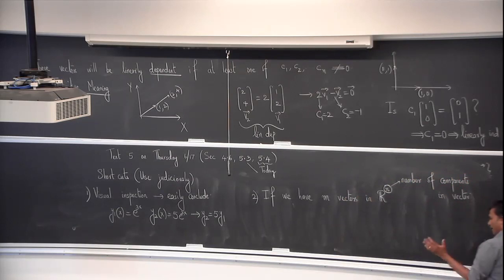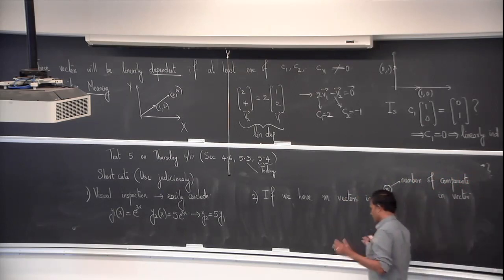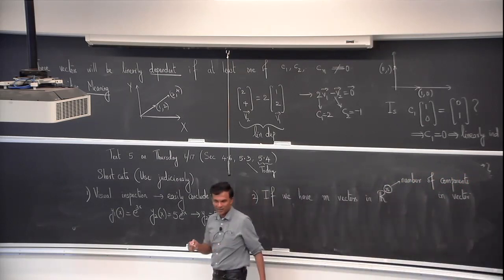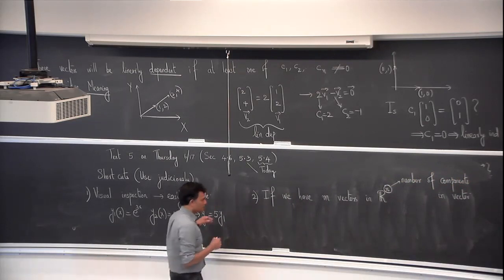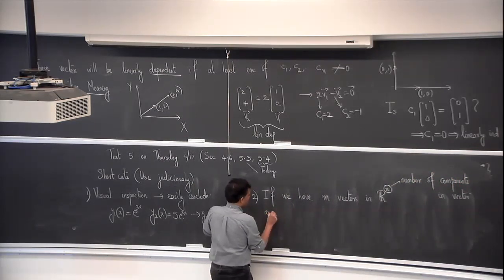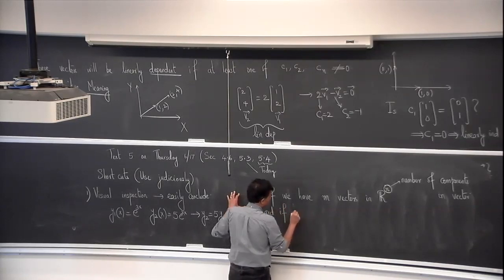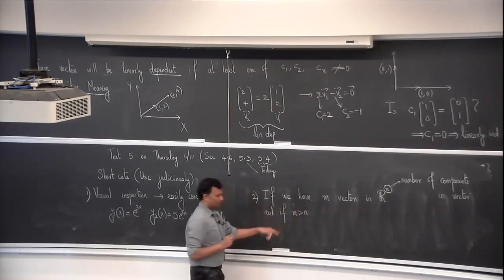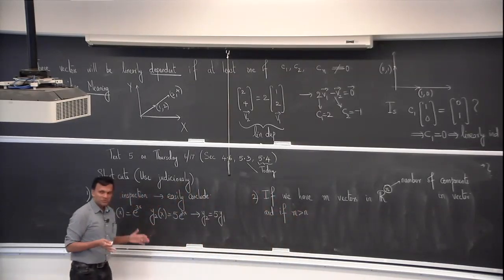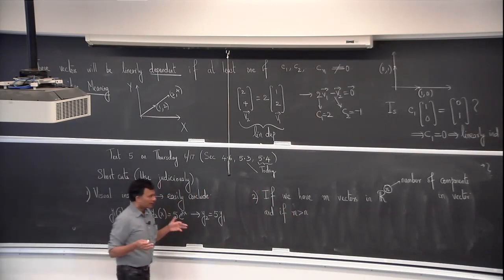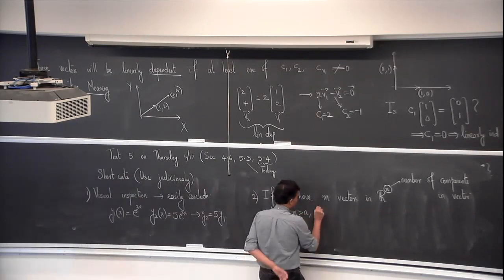So if there are m vectors in Rn, say 5 vectors in R3, that's way too many vectors than we need. And if m is strictly greater than n, not greater than or equal to, then these vectors are linearly dependent.